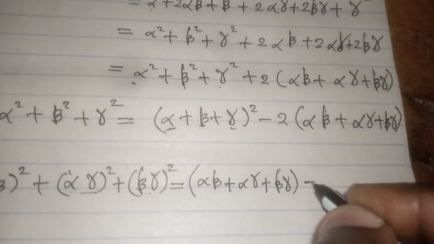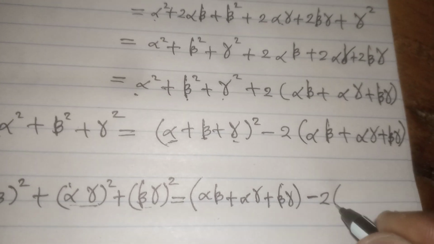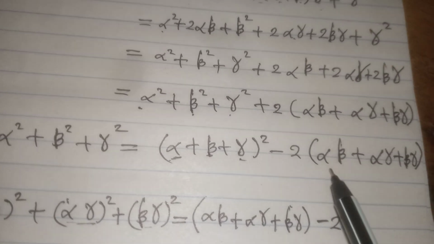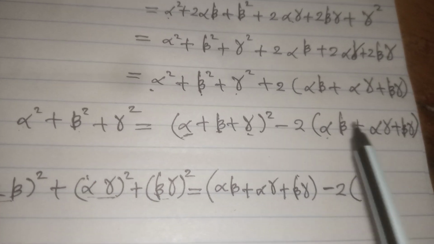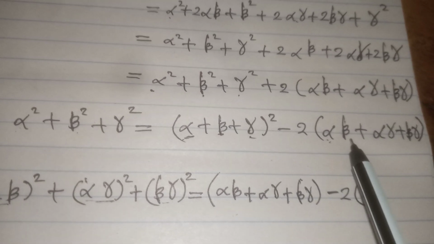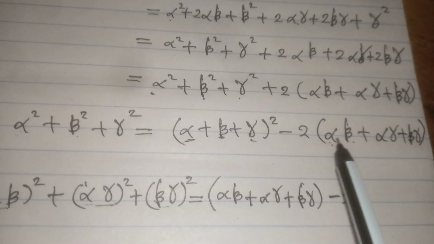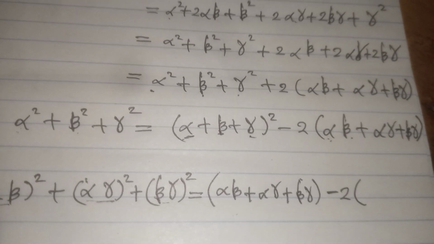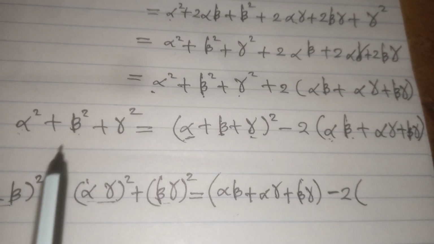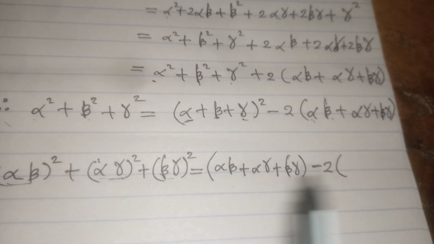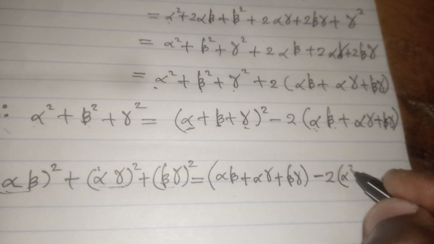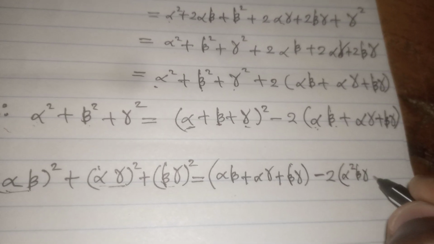Then minus 2 times. Now here A is alpha times beta, and we get alpha times beta. Now here, we multiply alpha beta times alpha gamma. We get alpha squared beta gamma.